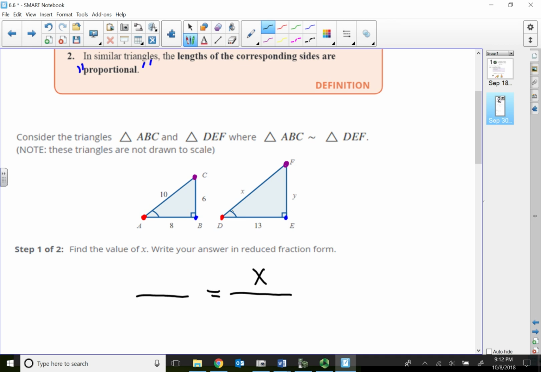Red to purple on the other side is 10, put them top to top. I cannot use 6, purple to blue, because I don't know the other purple to blue. So I have to use the bottom red to blue, which I put as 8 below my 10. These two numbers come from the same triangle. Then put 13 right next to it, corresponding sides side by side. Put the 13 below the x because both of those numbers come from the same triangle.